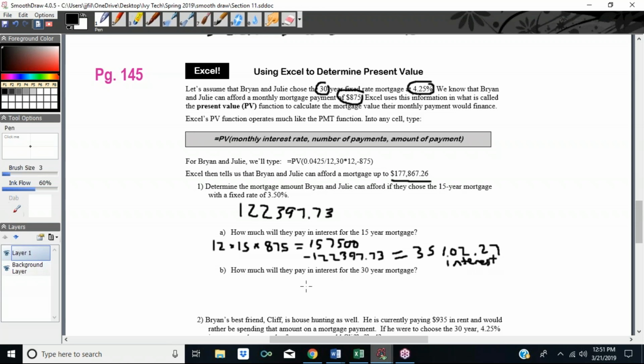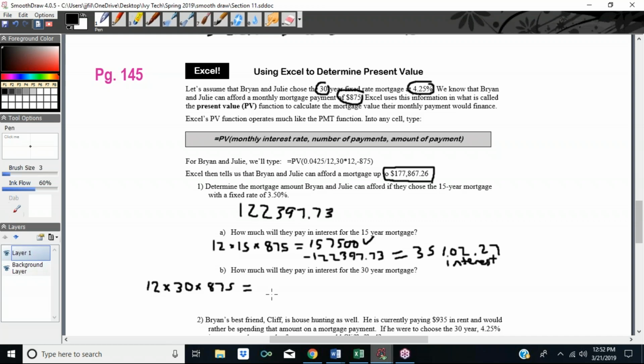Yeah, and then the next question says, how much interest would they pay on the 30-year loan? So remember, the 30-year loan was for this much, and we've got to figure out how much the total paid was. So 12 times 30 years times that 875, I guess would be twice as much as this, right?